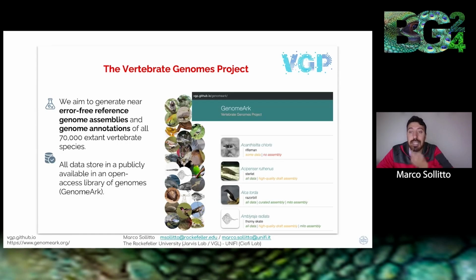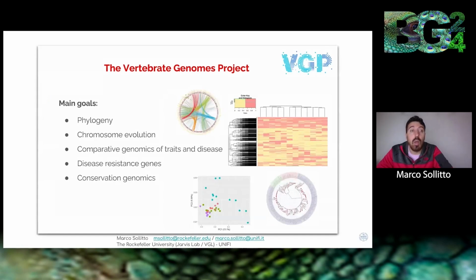This serves as a central database for the reference genomes of vertebrates and even of other eukaryotic species, offering researchers, conservationists, and the public access to these genomic resources. And why is there the need to produce high-quality assemblies?